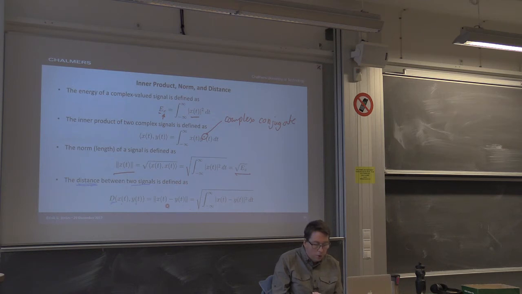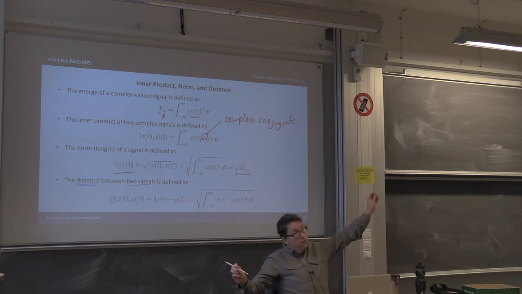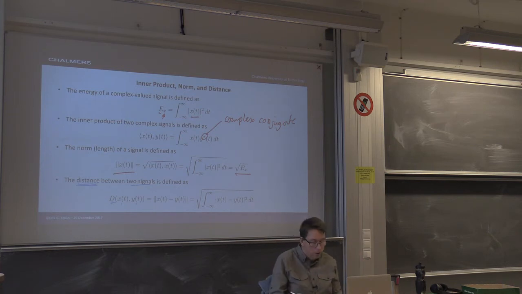If x is equal to y, it would be the length of 0, which is 0. If x and y are widely different, then x minus y would be a signal with large energy, and it would have a large norm, and therefore the distance would be large. So the distance between x and y is the norm of x minus y.